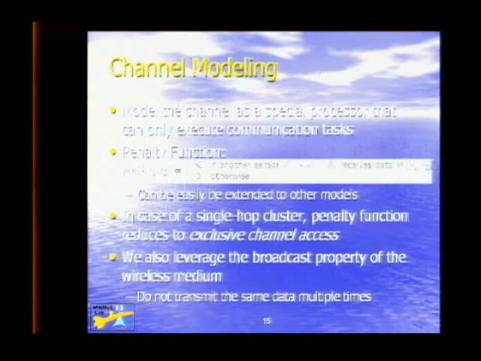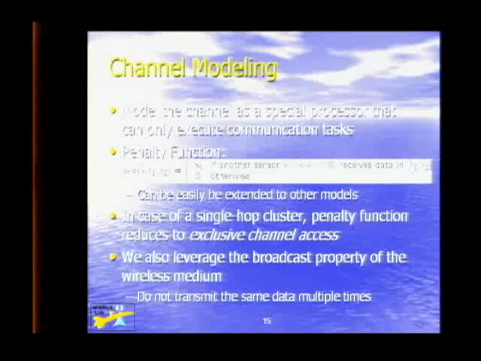For the channel model, since we are in a single hop network or single hop cluster, we assume that there's a penalty function that penalizes you if you attempt to communicate 2 pieces of information from different sources at the same time. So if 2 communication events happen to overlap in time and in space, so that there is some interference between them, you have a non-zero penalty, otherwise you have a 0 penalty.